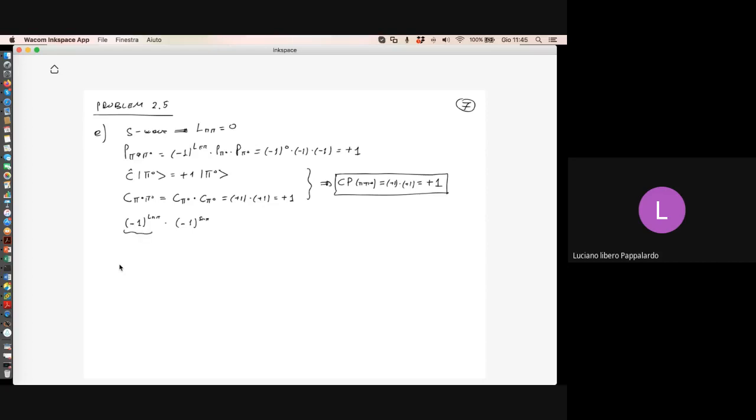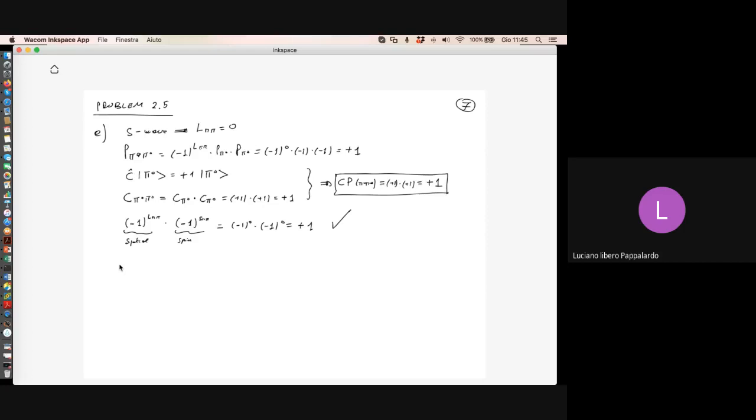This comes from the symmetry of the spatial component of the wave function, and this comes from the spin component for the case of bosons. This you find in the last part of 2 lessons ago. And so we have minus 1 to the 0 times minus 1 to the 0, and in fact this is plus 1. So as expected, the wave function is symmetric for exchange of identical pi zeros.